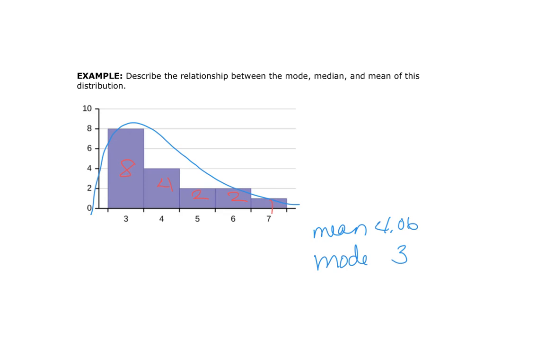And so if I do this really quick, I have 17 plus 1 divided by 2, which gives me 18 divided by 2, position 9. So we know it would be right here. So our median is 4. And just like we expected, the mean was the largest because it's right skewed. The median was right underneath that, and then the mode was the smallest.